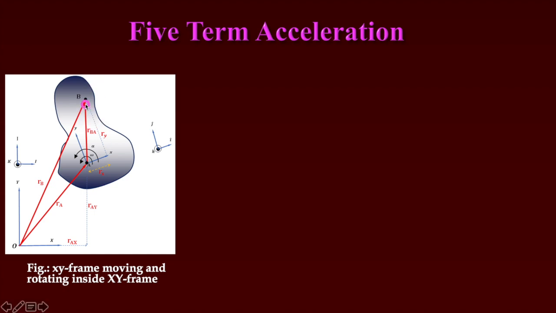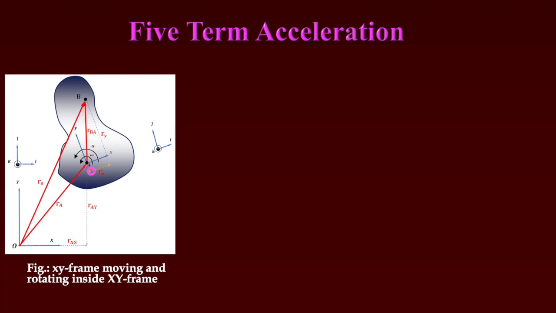The position vector of point B with respect to the fixed reference system is RB, and the position vector of the same point B with respect to the moving reference system is RBA.